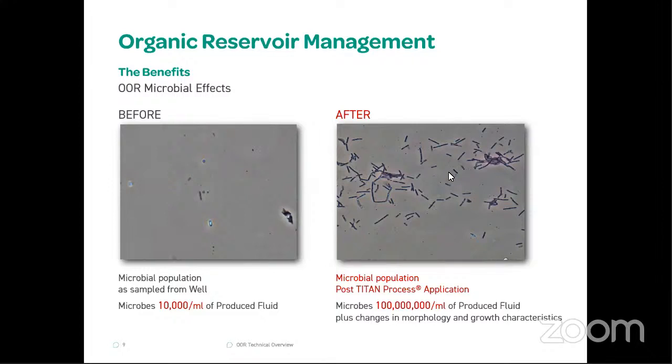Basically, the nutrients cause the mitosis process, and it multiplies the number exponentially. It changes the number of microbes in minutes, hours, and days, converting to billions and trillions of microbes, the good bacteria, deep down in the reservoir.